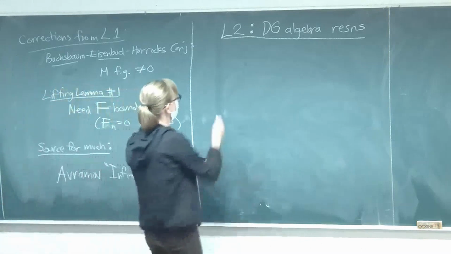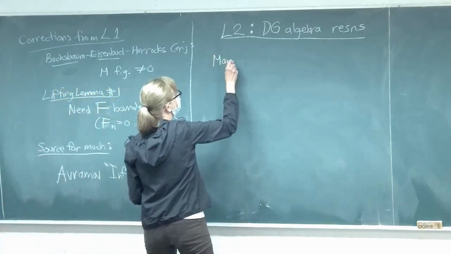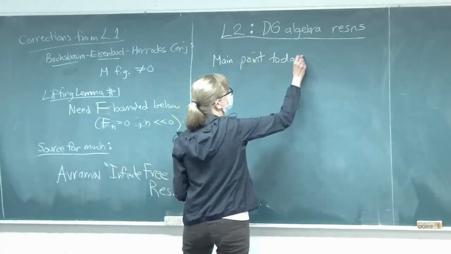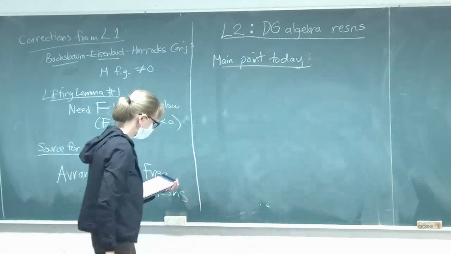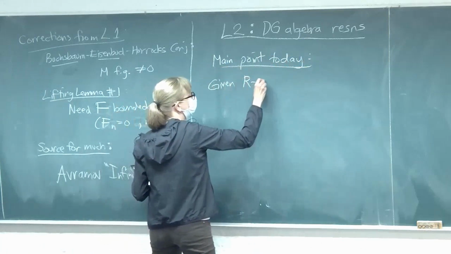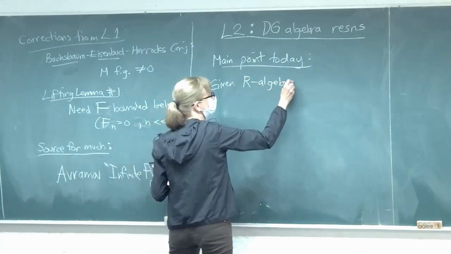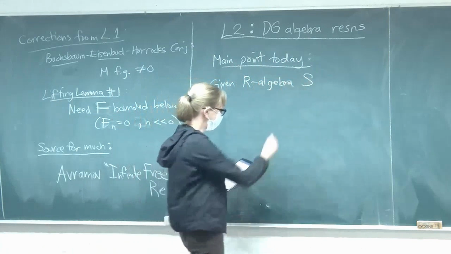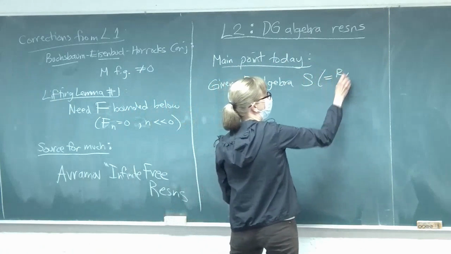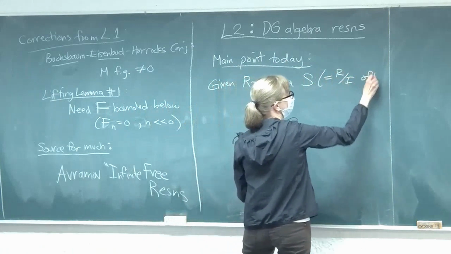All right? So the main point today is, given an R-algebra S, which is the same as, so first of all, this is going to be R mod I often.